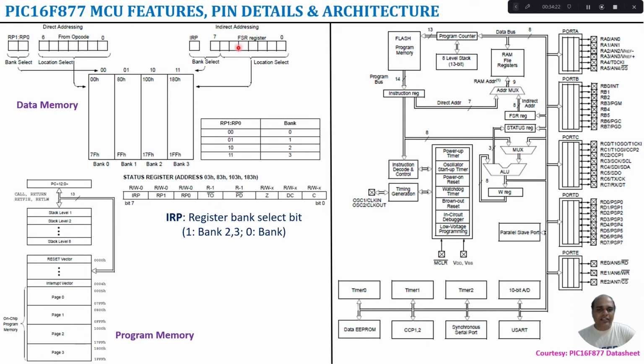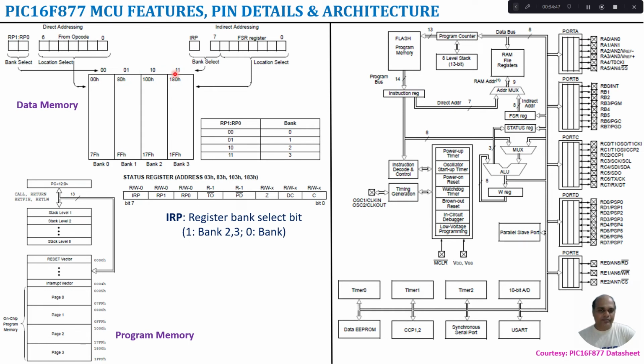This address points to a location in memory. For example, the lower 7 bits, 0 to 6, represent the location selection in a particular bank, and the 7th bit from FSR and the IRP bit in the status register are used for bank selection: bank 0, bank 1, bank 2 or bank 3.